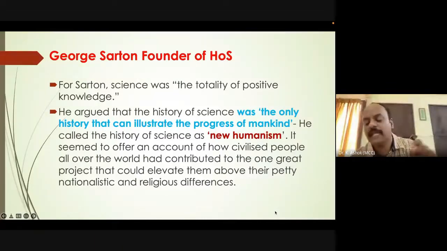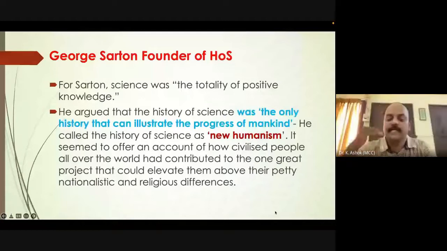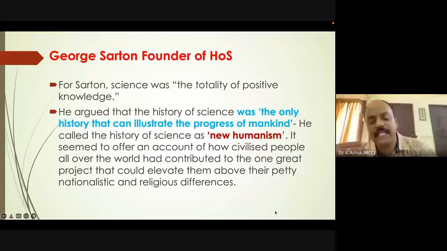So George Sarton, he was using this term, the history of science as new humanism, that the history of science has gone beyond, has crossed the barrier of nationalistic and religious differences, and it has brought civilization and it has brought people together.